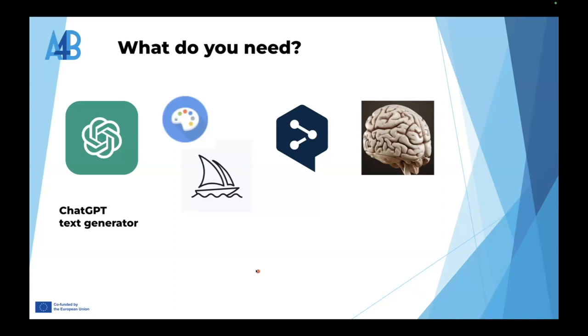The other pictures, Midjourney and Stable Diffusion. These two tools are image generators. Maybe you can use, for example, Canva. Canva already implemented some AI tools, text to image, which is working really well, I think. Or, for example, you know, DALL-E or Night Cafe, other tools for image generation.